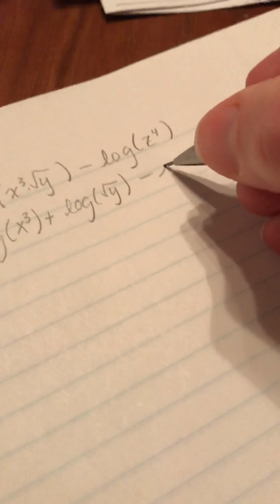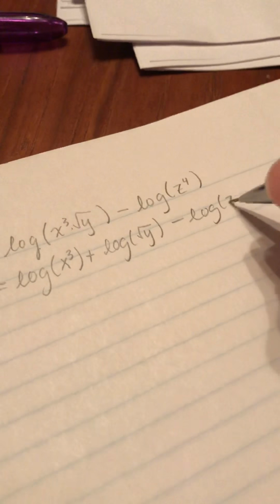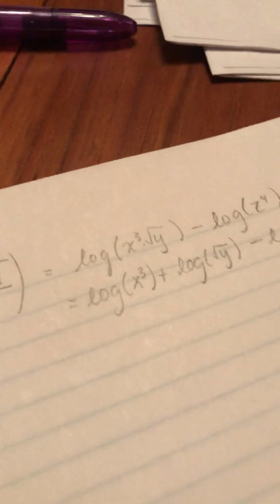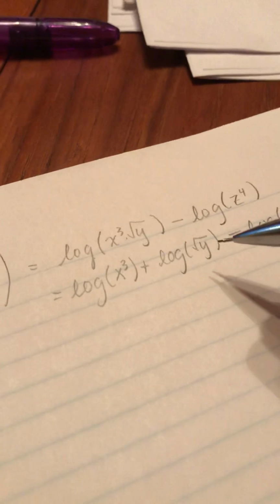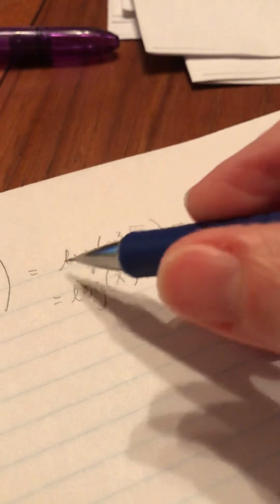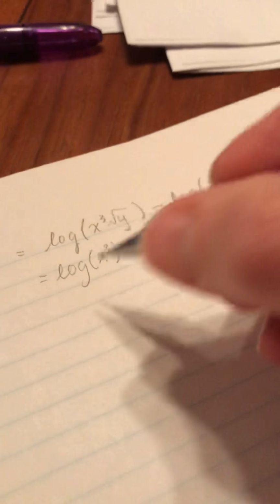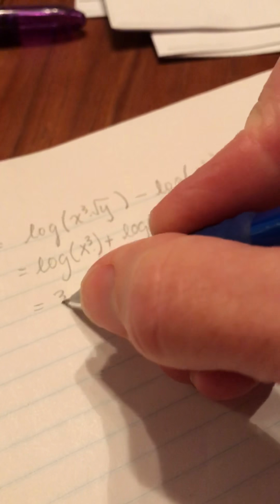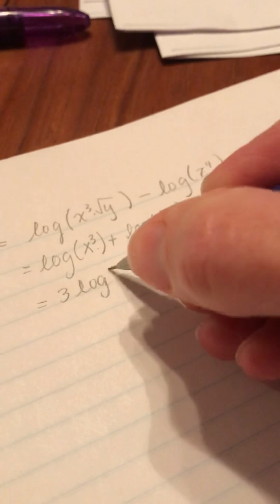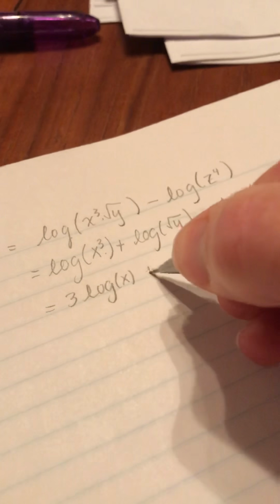Let me just write this one down. And then the other property is when you have log of something to a power, that power can come in front as a coefficient. So this is log of x cubed. That turns out to be the same thing as 3 times log of x.